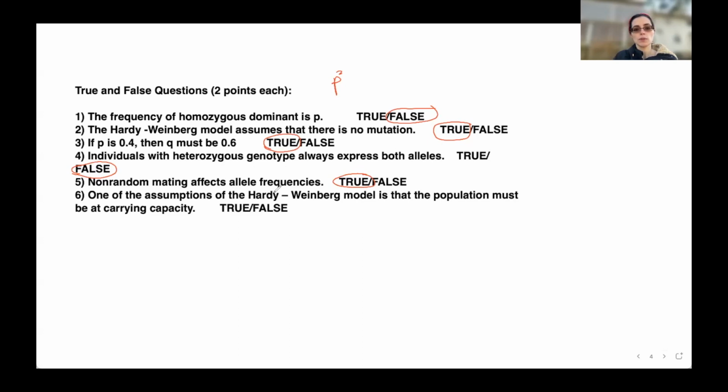One of the assumptions of the Hardy-Weinberg model is that the population must be at carrying capacity. This is not one of the assumptions. Carrying capacity is a term from ecology. It's referring to the maximum number of individuals in a population that an environment can sustain. So this is false.